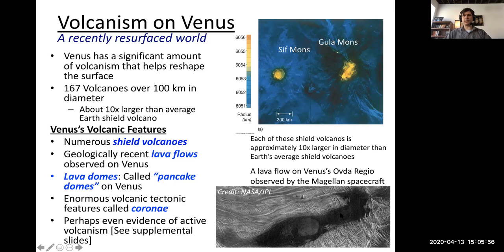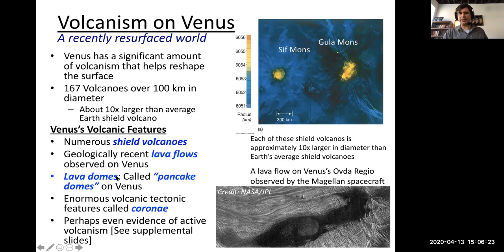You can see a fissure where lava flowed up, filled in the land right here, and has made a very smooth volcanic plain right there. So we see lots of these lava flow features. So clearly there's been a good bit of volcanism on Venus. Notice you don't see any craters, so they're quite young. And it comes out to be about 500 million years old. Some of them, like these volcanic flows, are slightly younger. There might still be active volcanism on Venus.